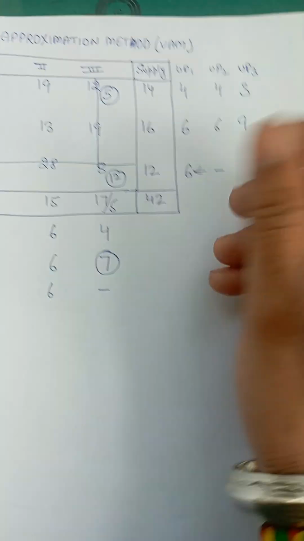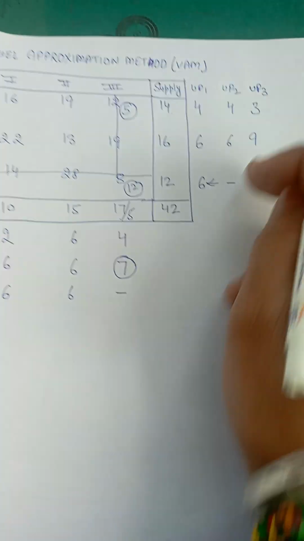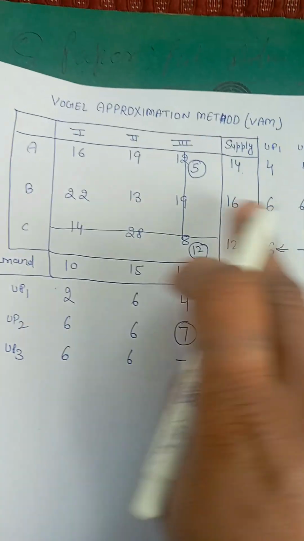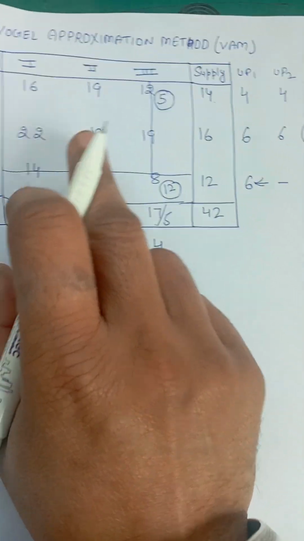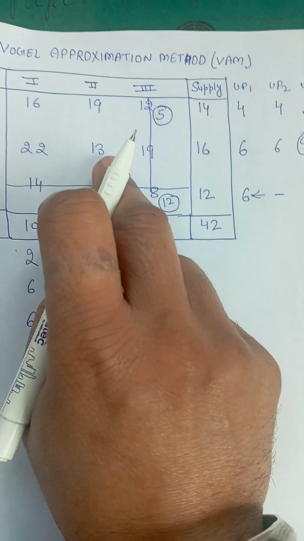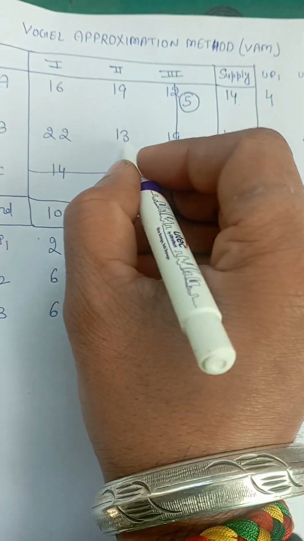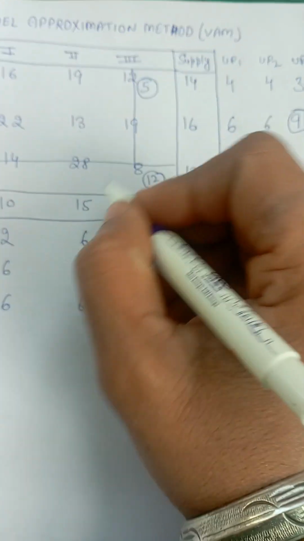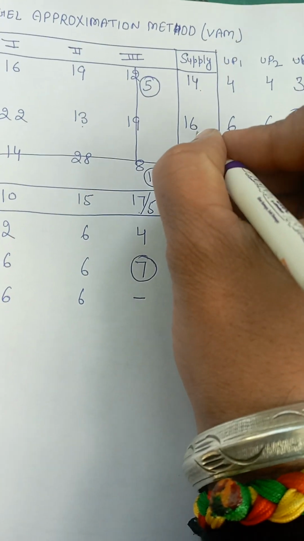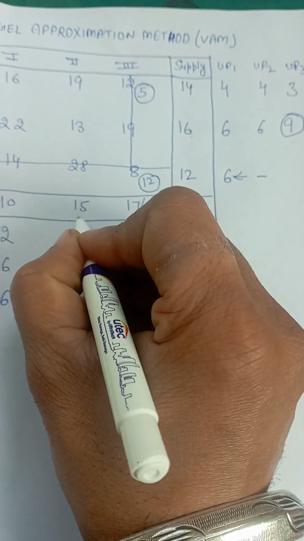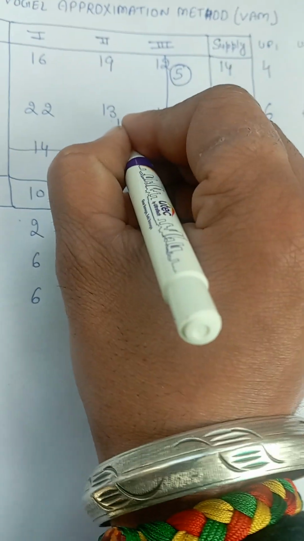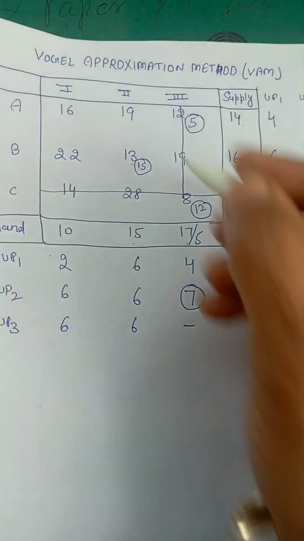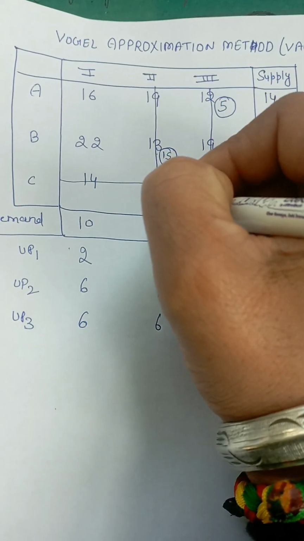When we check 3, 9, 6, 6, the maximum is 9. This is in front of the second row, and in the second row the minimum cost element is 13. Now we check the supply and demand. Here supply is 16 and demand is 15. Then we put 15 and delete the second column.